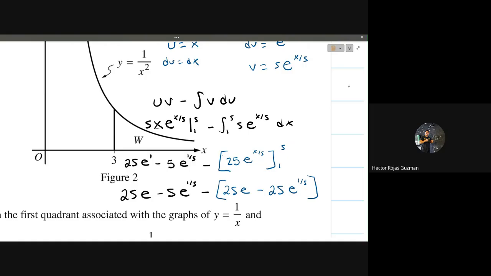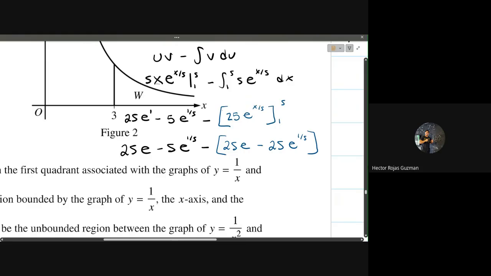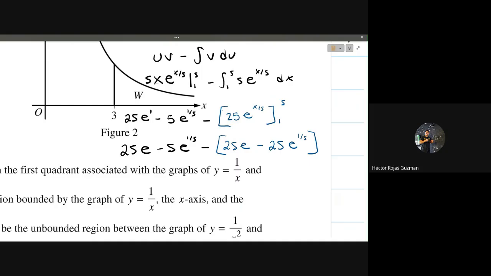All right, let's combine some like terms. Hopefully I haven't messed up. I have like no space here. 25e minus 25e, they cancel each other out. Negative 5 e to the 1/5 plus 25 e to the 1/5. They have the same power, so we can just combine them. So 5 negatives, 25 positives, 20 positives.